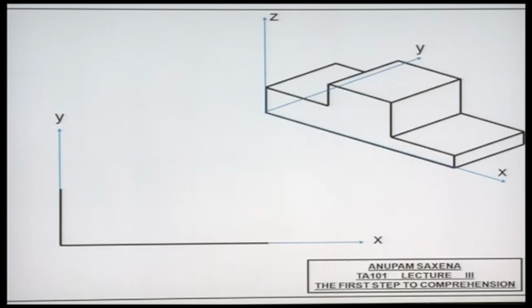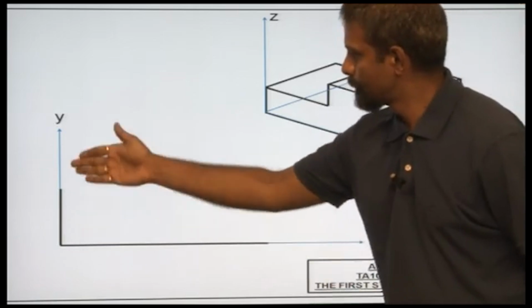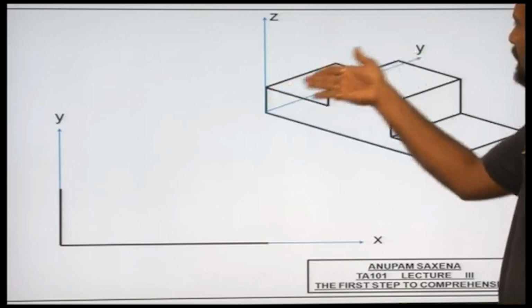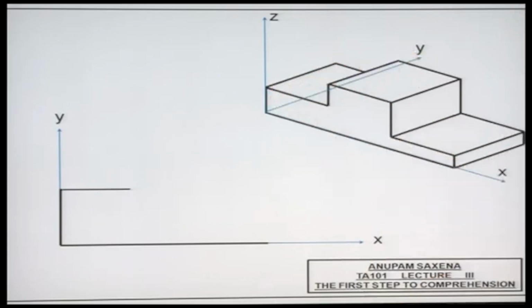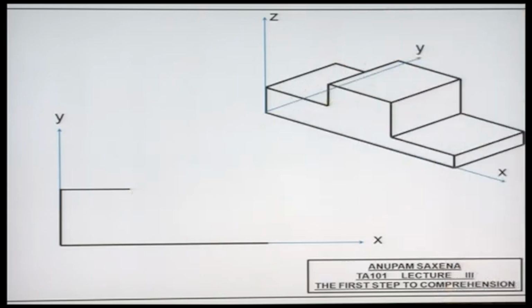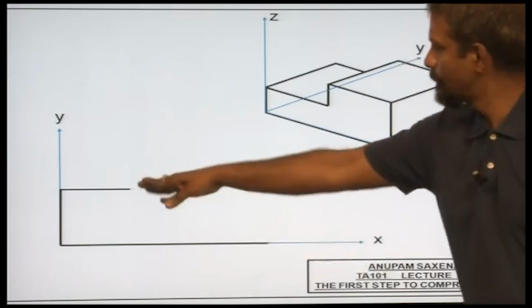Now, what would this edge correspond to? You're right. It would be this edge, and then this would correspond to the edge over here. The vertical over here, we are not worried about because it will show up as a point.